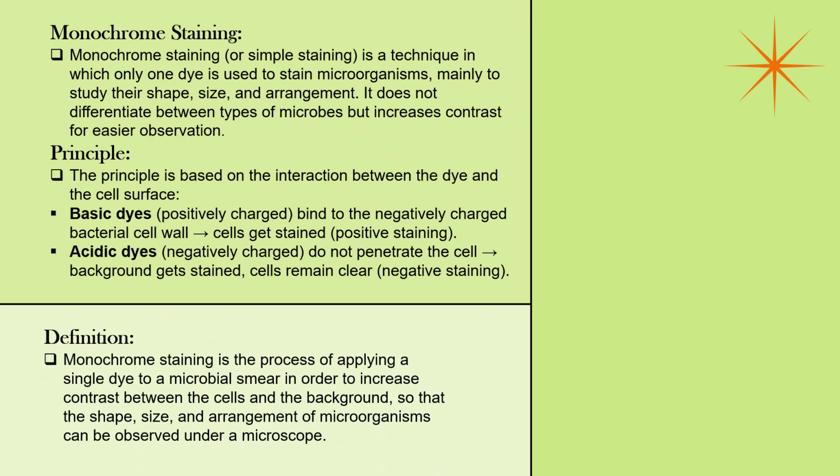What is monochrome staining? Monochrome staining is a technique in which only one dye is used to stain microbes, mainly to study their shape, size, and arrangement.